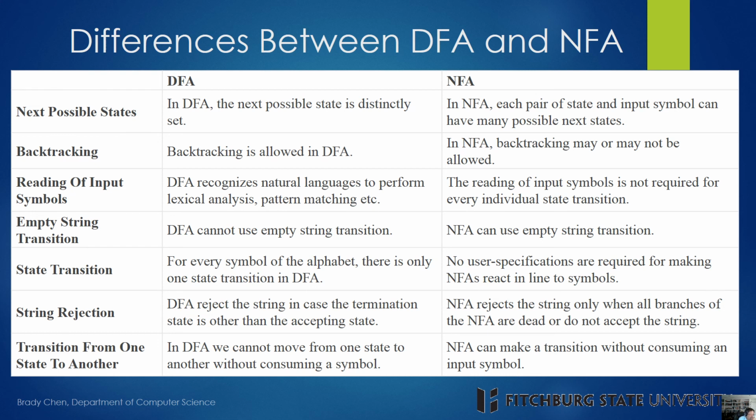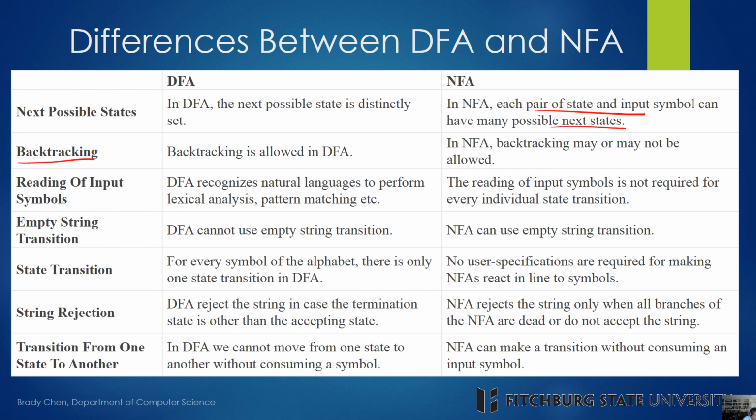Okay, let's summarize the differences between DFA and NFA. For a DFA, the next possible state is distinctly set. So with the current state, the next state is uniquely determined by the input value. Now in an NFA, each pair of state and input symbol can have many possible next states.